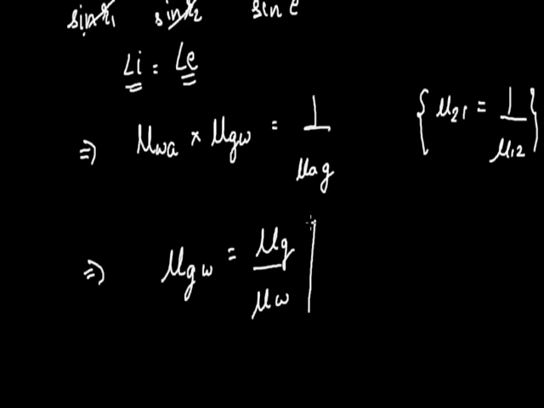So for the compound slab, we have this relationship which says that the relative refractive index of glass with respect to water, or any medium 2 with respect to 1, is equivalent to the ratio of the absolute refractive index of medium 2 with respect to 1. So here is the relationship which we are getting for the compound slab.